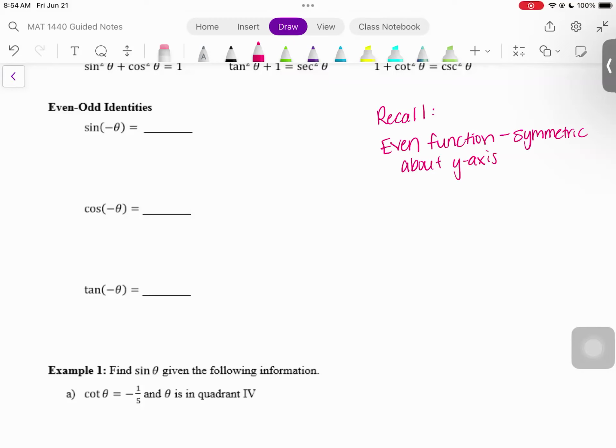And we verified back in an algebra course that an even function satisfies this statement that your function f of x is equal to f of negative x. In other words, for any input x, if you were to plug in the opposite of x, then you would get that same function value.